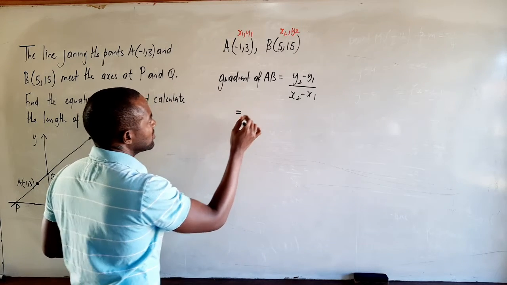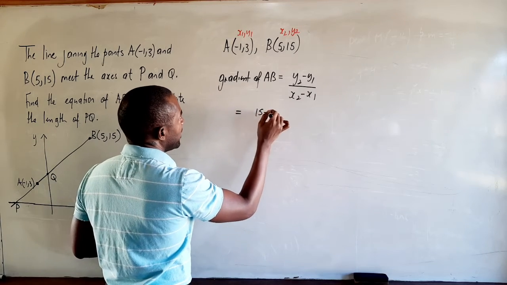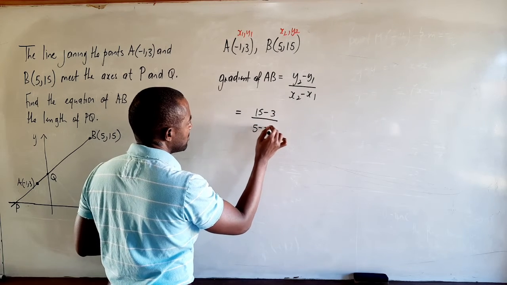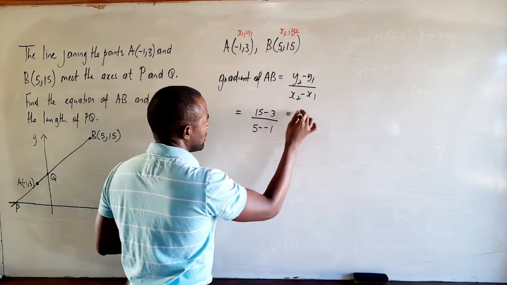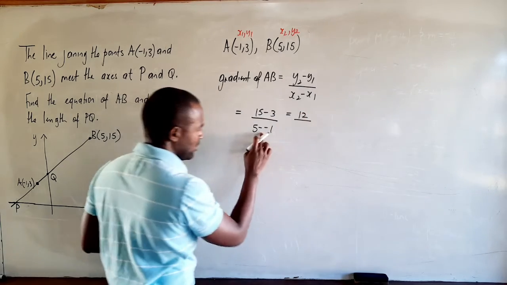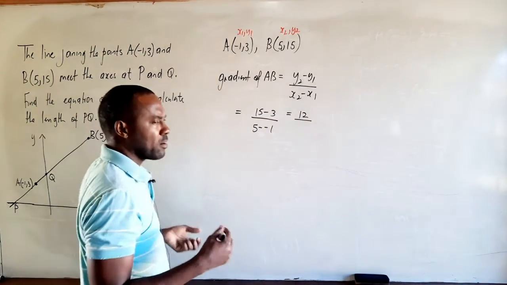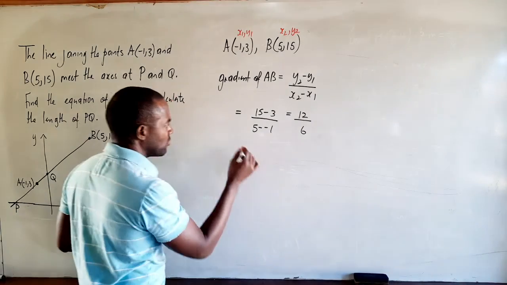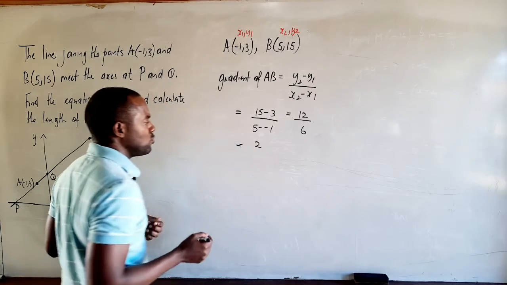This gives us 15 minus 3 divided by 5 minus 1, with the two minus signs becoming a plus. So 12 divided by 5 plus 1, which is 6. And so the gradient of AB is equal to 2.